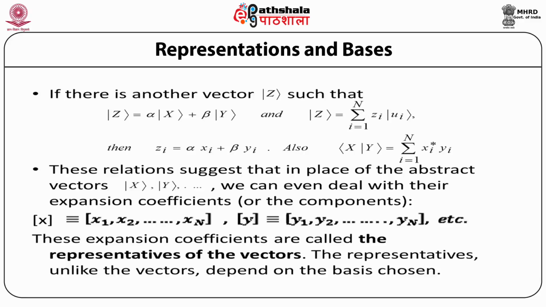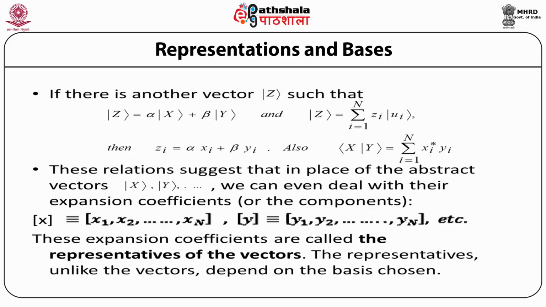Now, if the ket vector z satisfies these two equations, then we can write the coefficients zi as zi is equal to alpha times xi plus beta times yi.